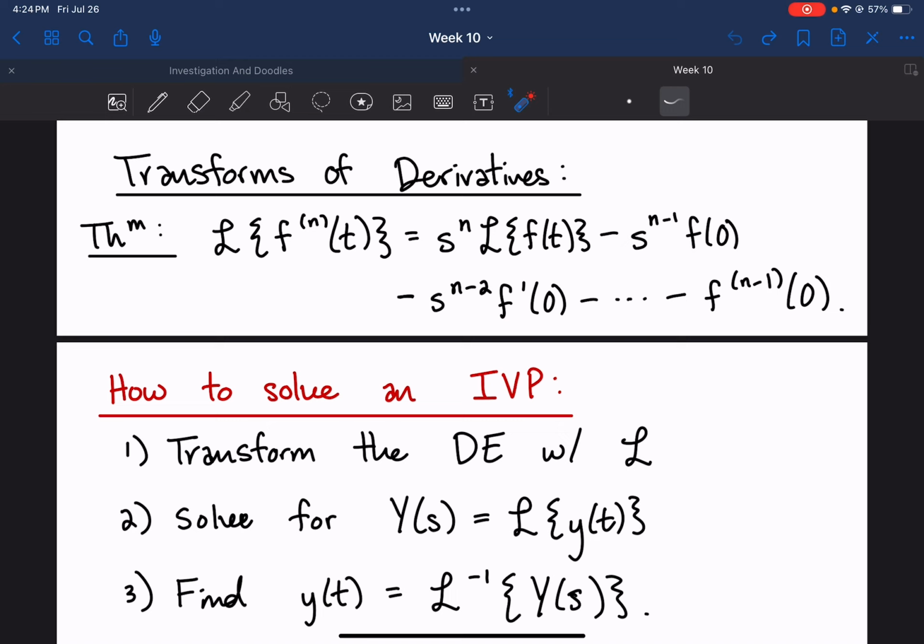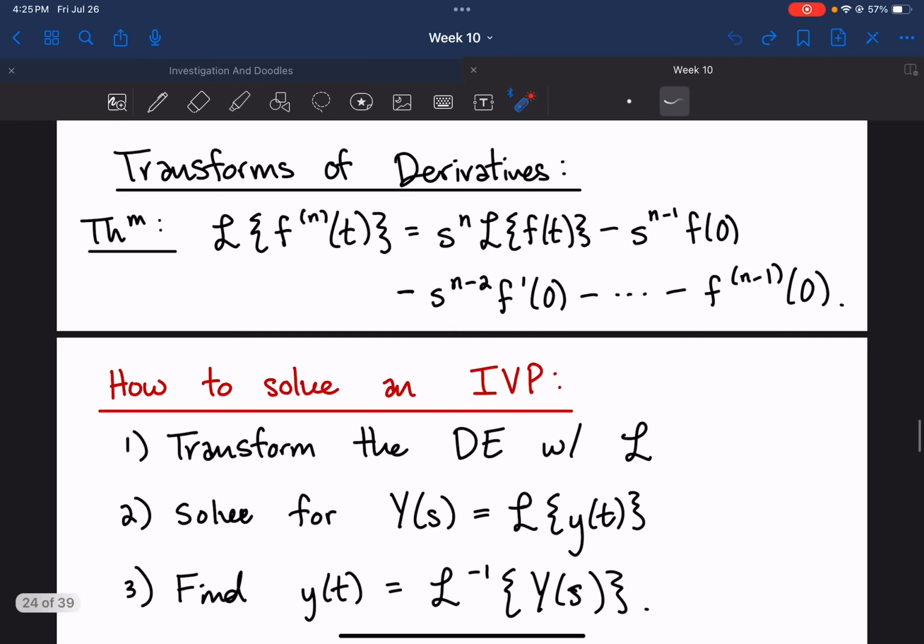So if I take the Laplace transform of the nth derivative of f, I get s to the n, Laplace transform of f minus, and then the s's start counting down, and the values of f at 0 start counting up in derivatives. Right, so these are powers of s, right? And the last one's an s to the 0. And then these are derivatives, right? The 0th derivative, the first derivative, to the n minus first derivative. We'll see some examples of this in a second.